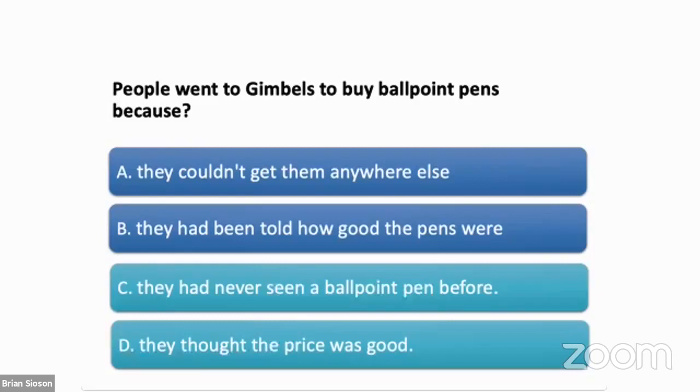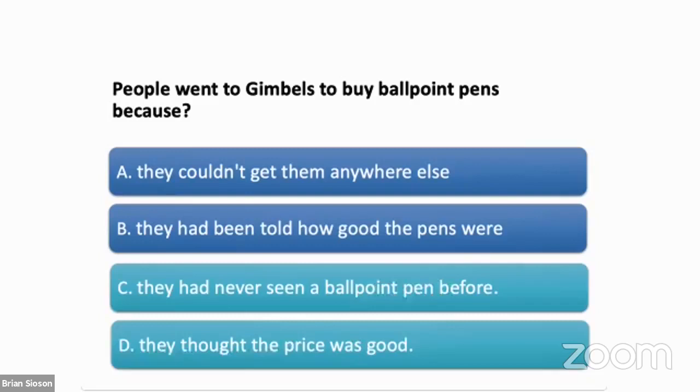Okay, so we're going to talk about ballpoint pens. It says here, people went to Gimbels to buy ballpoint pens because, what is the reason they went to the store to buy the pen? A, they couldn't get them anywhere else, so it's not available anywhere else.